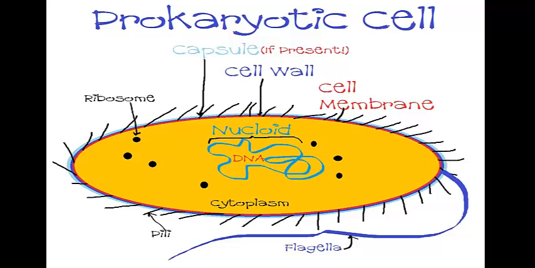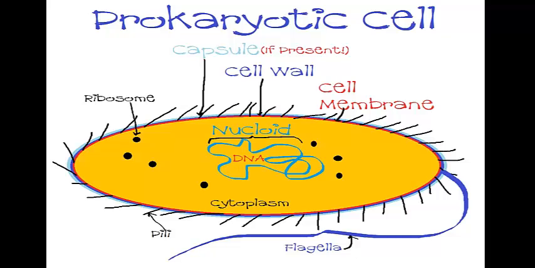The cytoplasm is that jelly-like substance that supports the ribosomes and the DNA and anything else that is within this cell, and it provides a site for chemical reactions. The DNA is found within a region called the nucleoid. The DNA is naked DNA and does not have many, if any, associated proteins which help organize it because it is only a single circular strand of DNA.